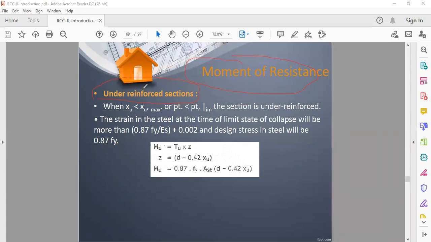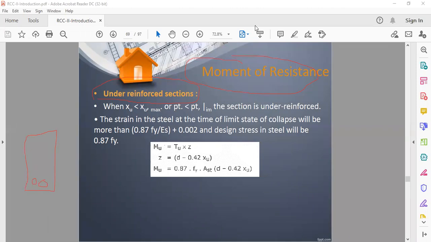When we say that a particular rectangular beam section is under reinforced, what is the criteria for it? What are the different parameters on the basis of which we can say that the section is under reinforced?